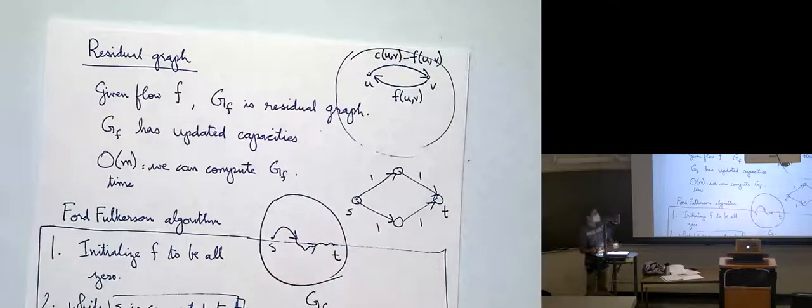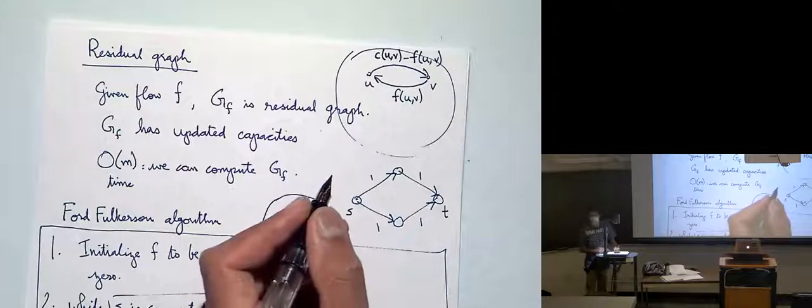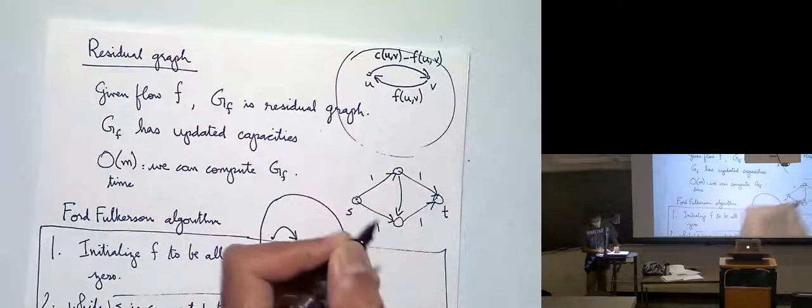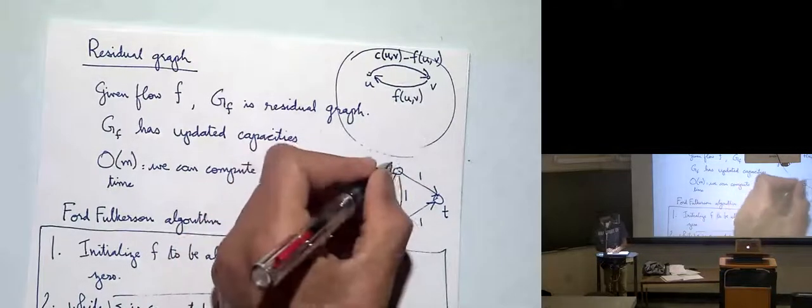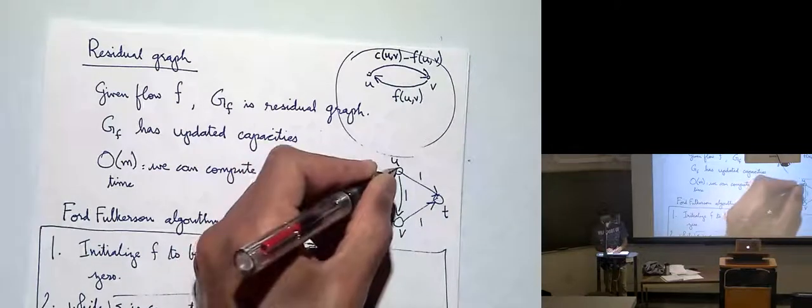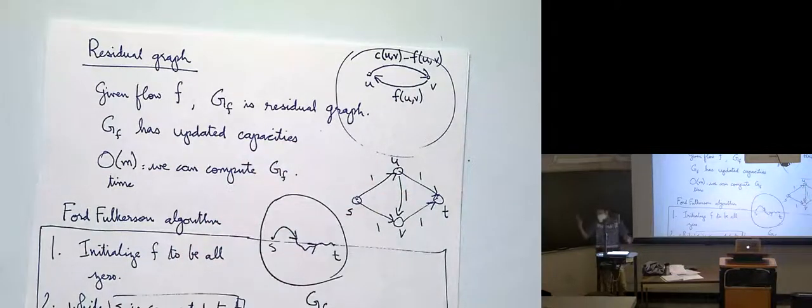Let's say all these capacities are 1, so you can send 2 units of flow. And I'm also just going to put this 1 unit capacity bridge. You don't really need it in the optimal solution. But still, maybe the first time you decided to route S to U, U to V, and V to T, because you could have done that.